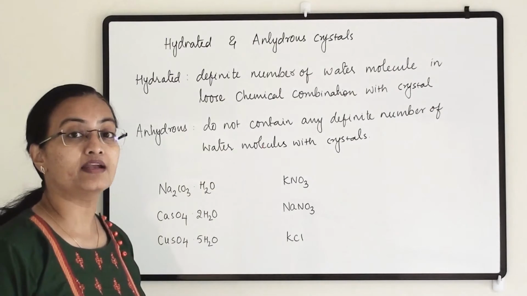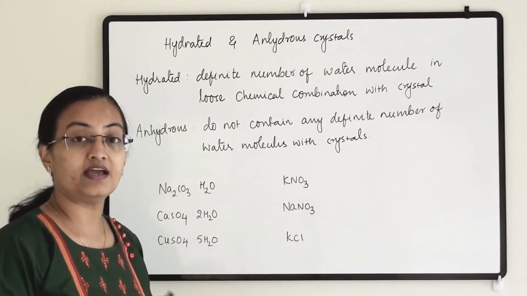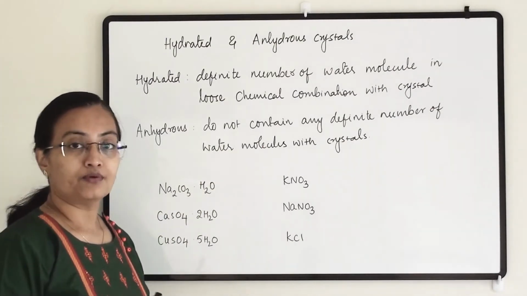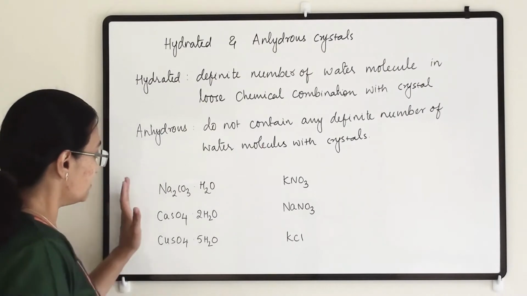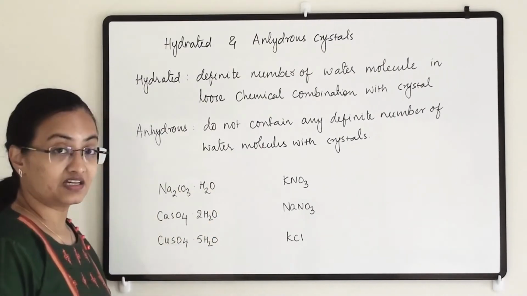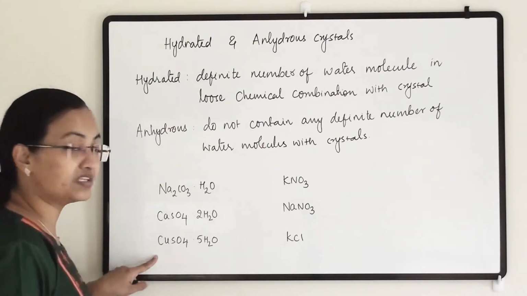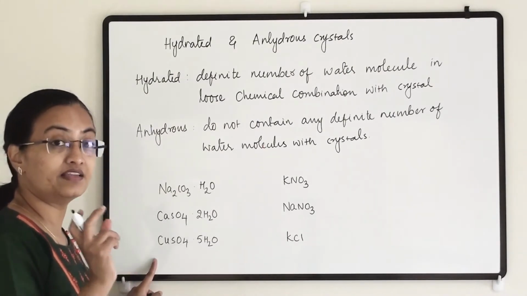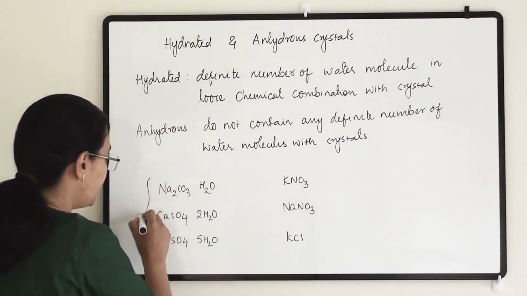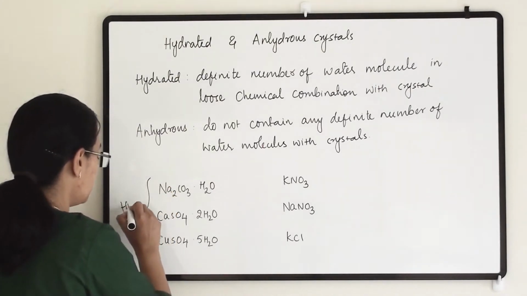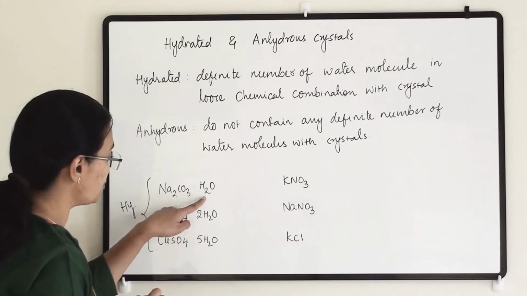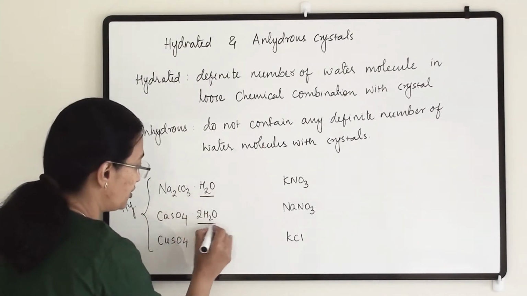Now, how do we identify hydrated and anhydrous crystals from the molecular formula? Here there are two sets of molecular formulas, and it is very easy to identify the crystals along with water molecules; they are termed hydrated crystals. These are hydrated crystals because, as you can see, the water molecule is attached.